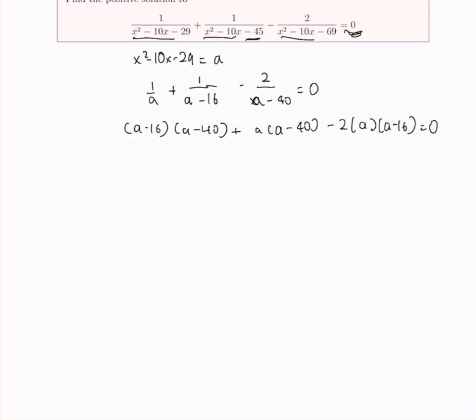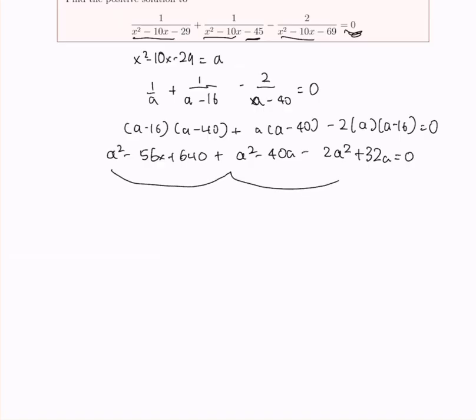Okay, now if we expand this, this becomes a squared minus 56a plus 640 plus a squared minus 40a minus 2a squared plus 32a is equal to 0. And now we can combine like terms.